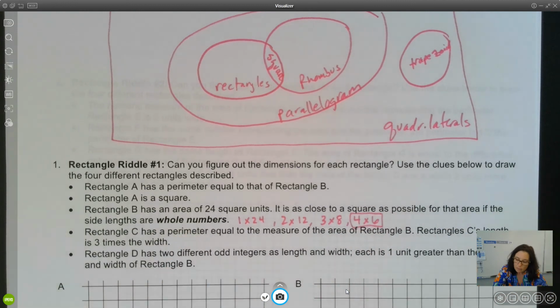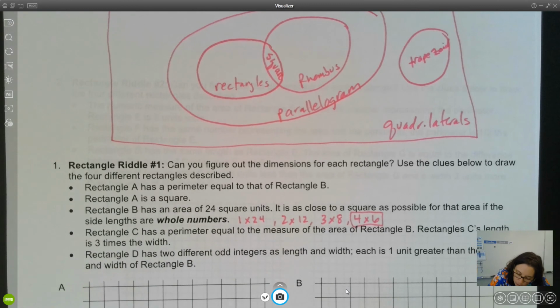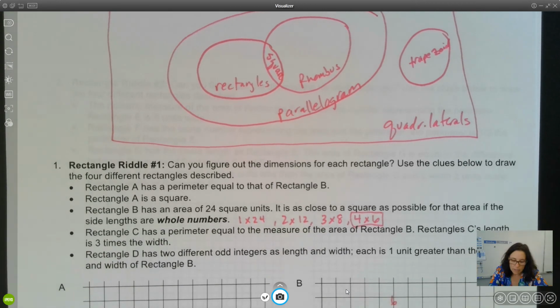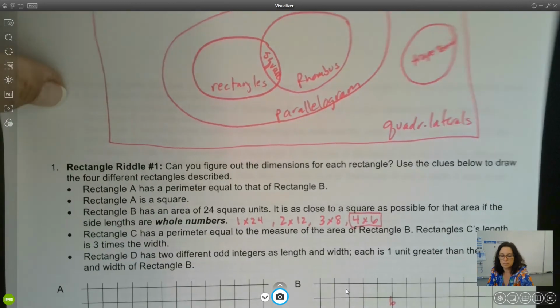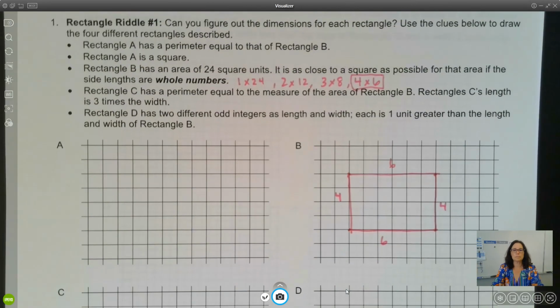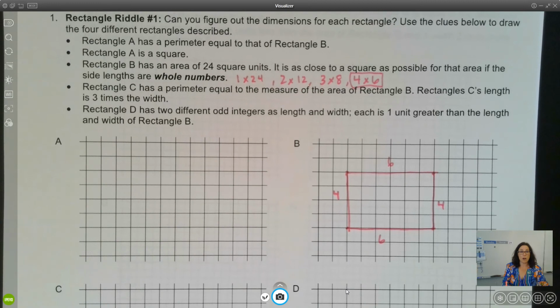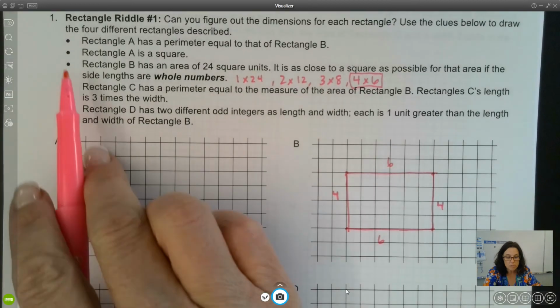I'm going to go ahead and write that now. That's 6, that's 4, that's 6, that's 4. So far that's what I got out of reading the first three bullets.